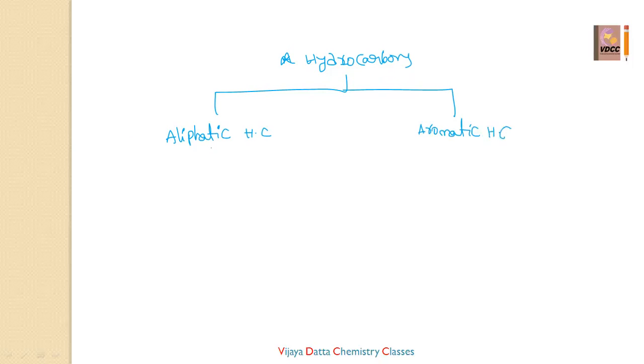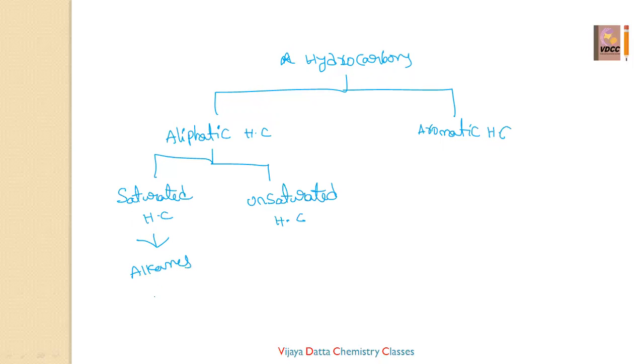Aliphatic hydrocarbons are again classified into two types. The first one is saturated hydrocarbons, and the second is unsaturated hydrocarbons. Saturated hydrocarbons are classified as alkanes, also known as paraffins. Unsaturated hydrocarbons are classified based on the double bond: alkenes and alkynes.